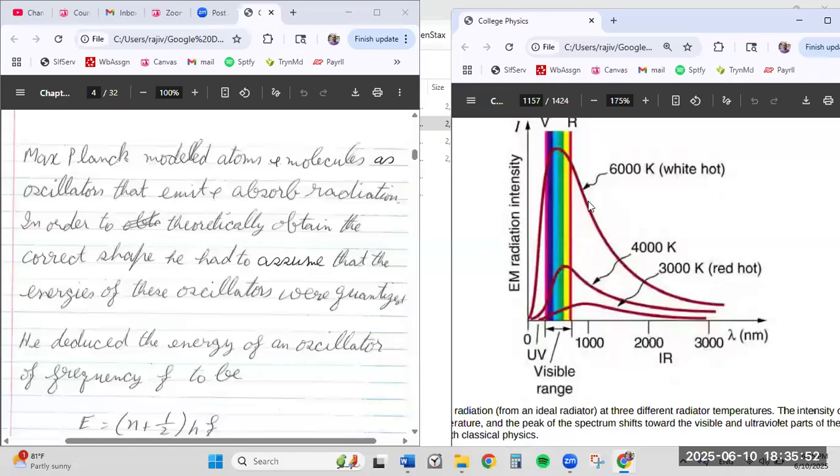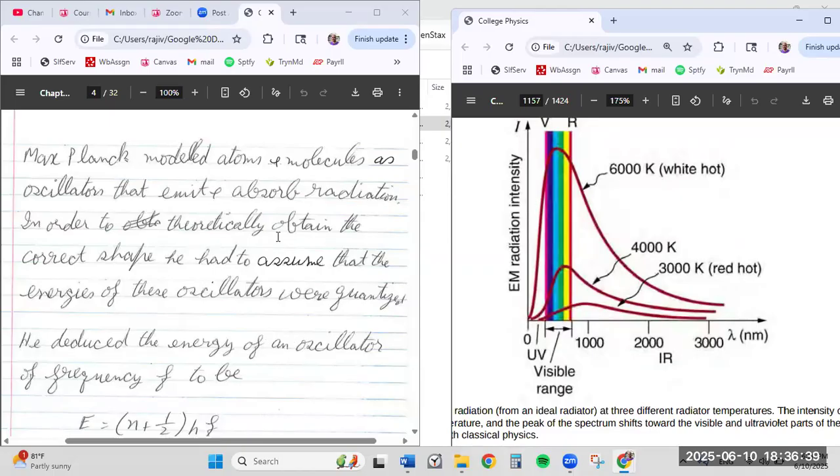Among many physicists who were working on this, Max Planck, a German physicist, came up with this model of atoms and molecules, whereby these atoms and molecules are seen as oscillators, as tiny objects that are constantly oscillating, which is not very far-fetched because we know that atoms and molecules in a solid at a finite temperature are indeed vibrating.